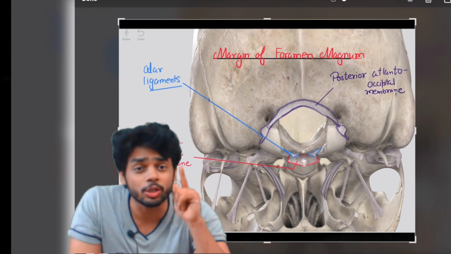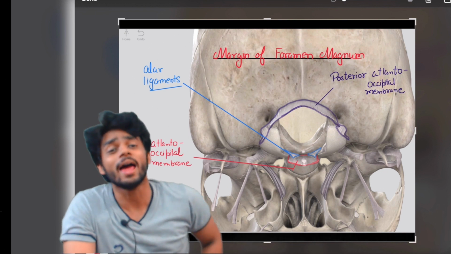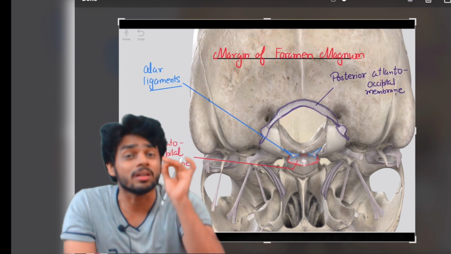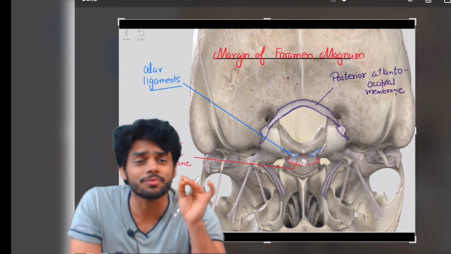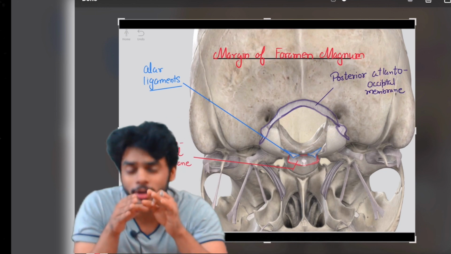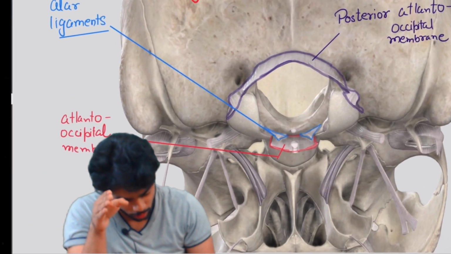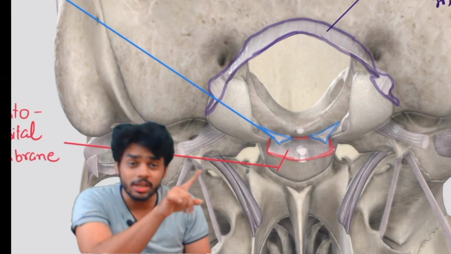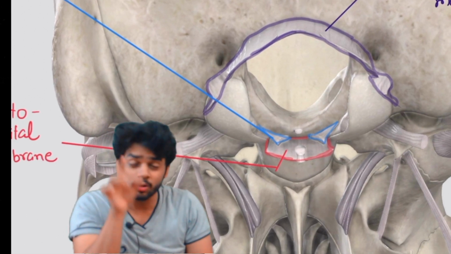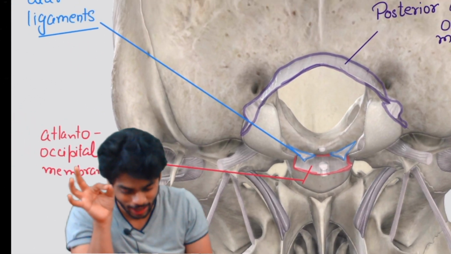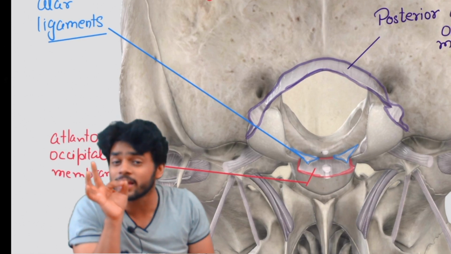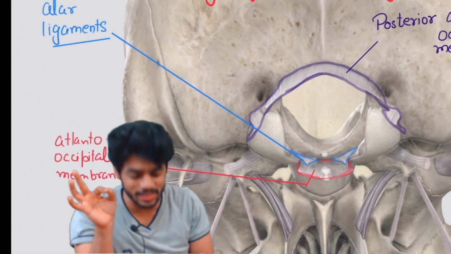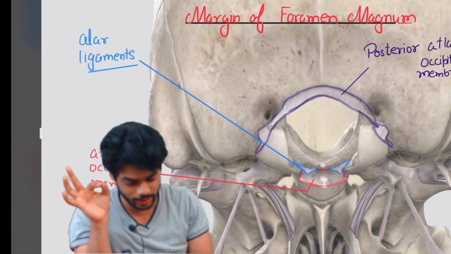You can also see the alar ligament on the roughened medial surface of each occipital condyle. Medial to the occipital condyle, on the roughened surface, you can see the triangular alar ligament. Can you see it clearly on the screen?